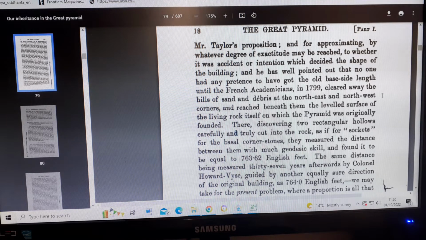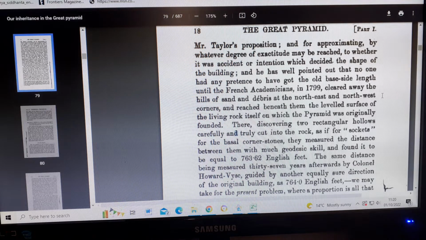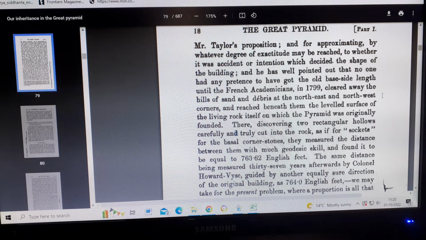And he said that the French party in 1799 cleared away the hills of sand and debris at the north, east and northwest corners, and reached beneath them the levelled surface of the living rock itself on which the pyramid was originally founded, there discovering two rectangular hollows carefully and truly cut into the rock, as if for sockets for the basal cornerstones.